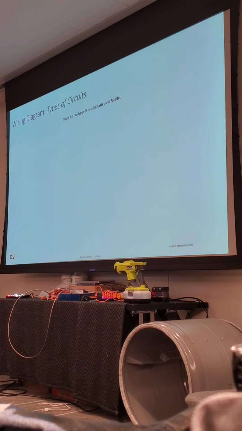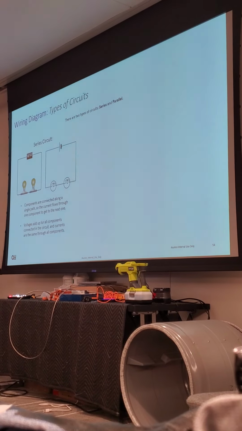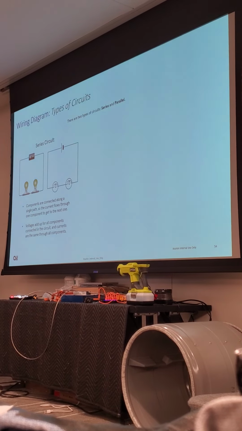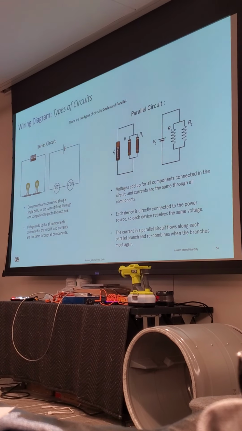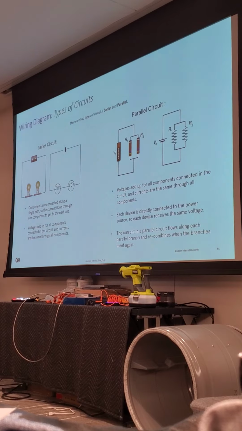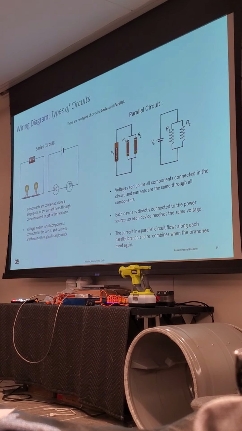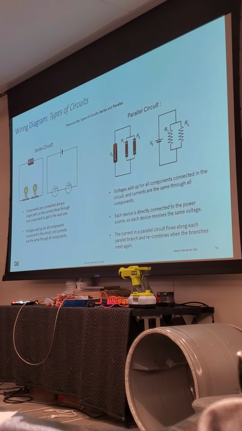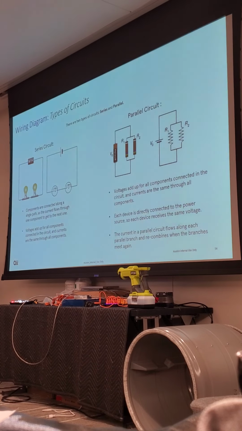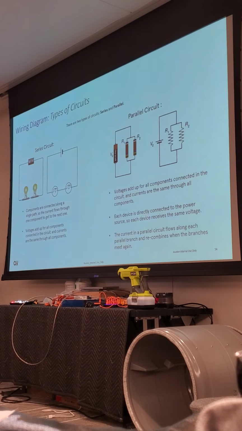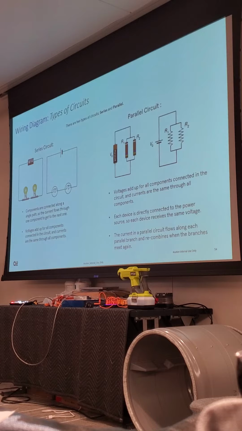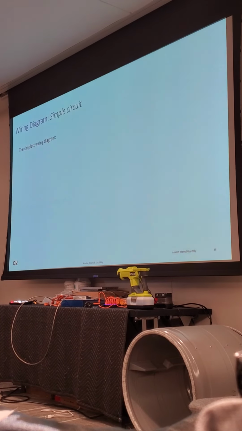Okay? Two different types of circuits. Of course, we got the series and the parallel. So there's series, there's parallel. You got your battery. You got resistors. Over here we got lights in place, whether they be LED or whatever.